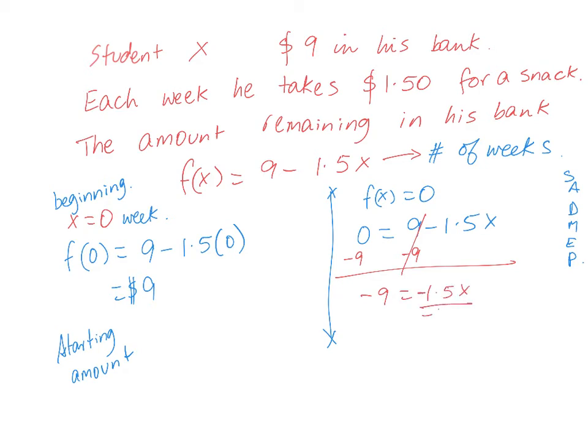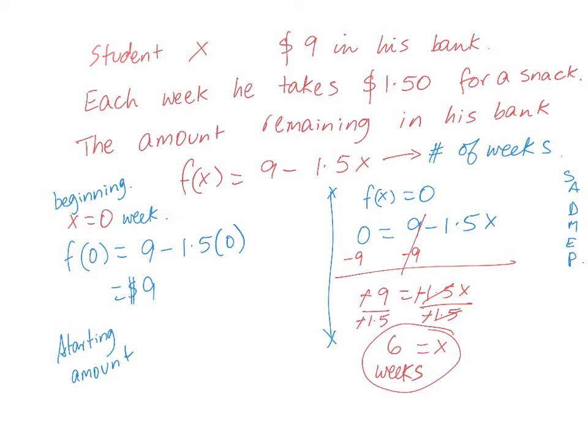And then let's divide by -1.5. So what's x? x is 6. So 6 represents the number of weeks. So in 6 weeks, all his money goes, right? So $9 in 6 weeks.